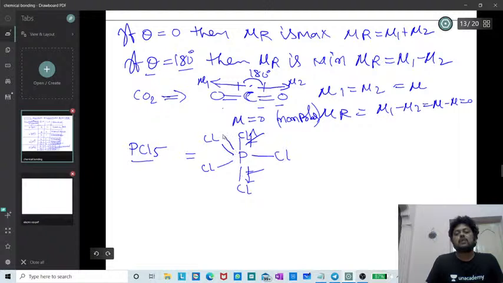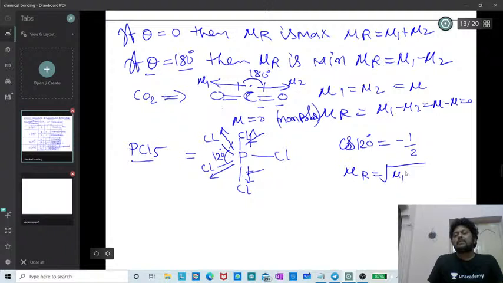Now coming to the other two dipole vectors, they are separated by an angle of 120 degrees. Cos 120 is equal to minus 1 by 2. So mu r is equal to the square root of mu1 square plus mu2 square plus 2 mu1 mu2 cos 120. Here mu1 and mu2 are both P-Cl bonds, so mu1 is equal to mu2.